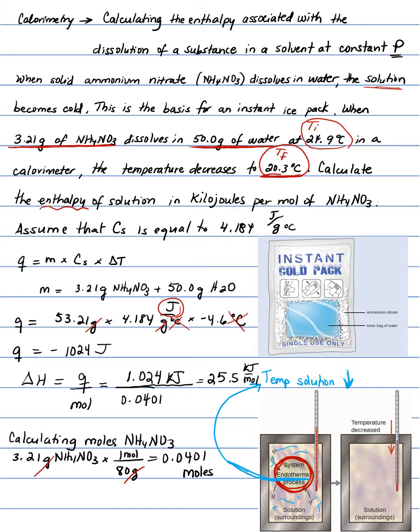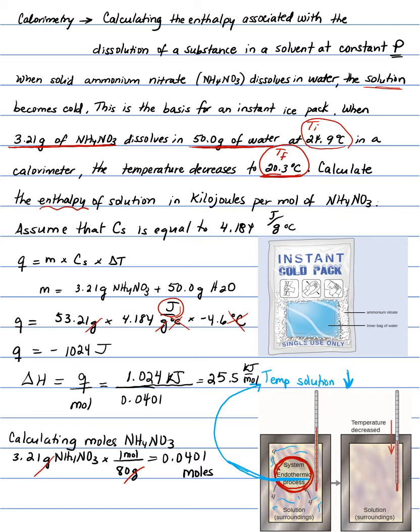You see, I don't have my negative number in that last calculation. I don't have the negative number because this process, the dissolution of ammonium nitrate, is actually endothermic. It is the opposite sign of what you're calculating for the solution.